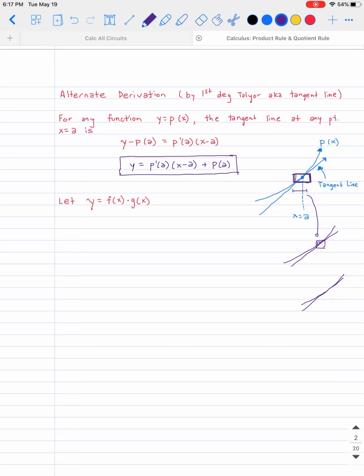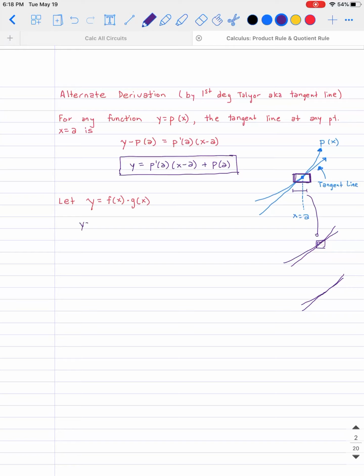So let's go ahead and try that. We'll utilize this over here. First, y is supposed to be f of x multiplied by g of x. I'm going to replace each one of those with its tangent line equation because, again, for a very small window, the tangent line and the curve are one and the same.